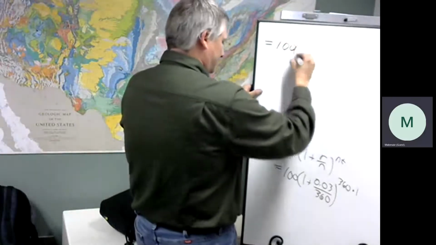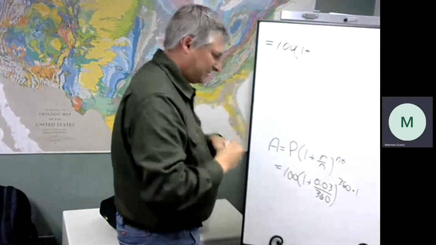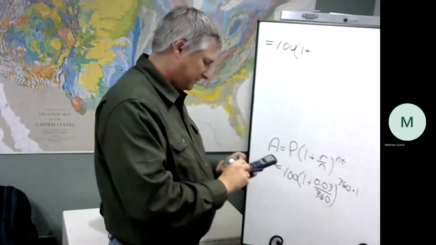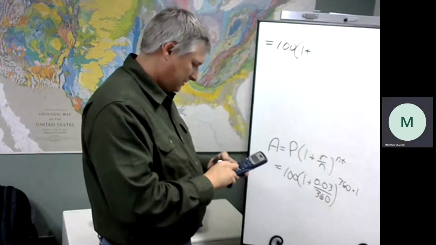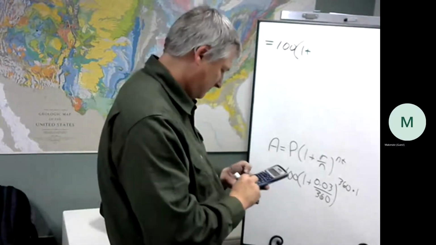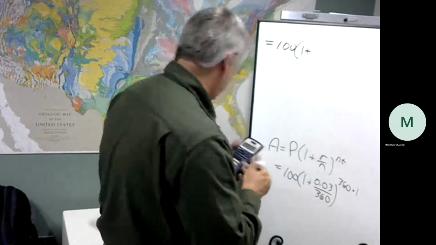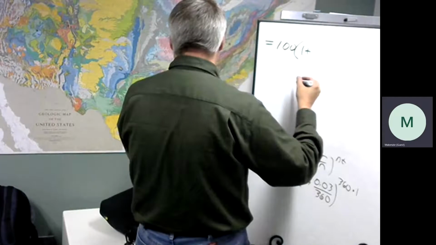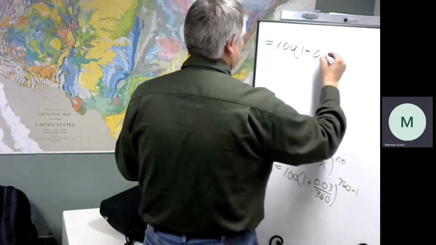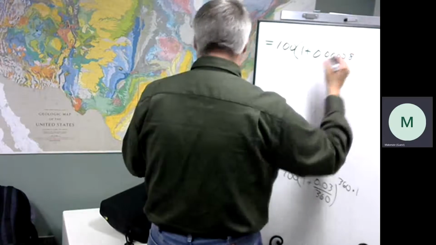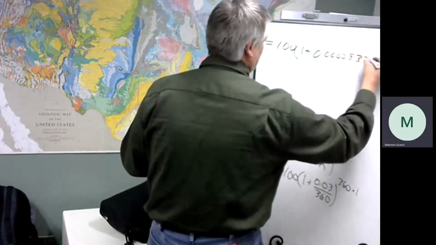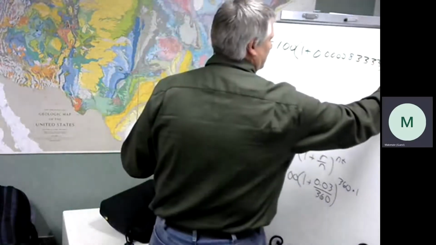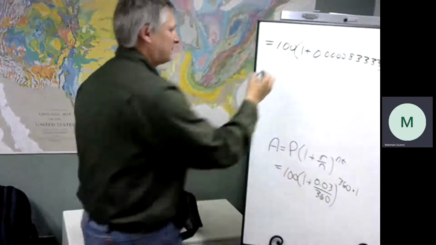So this is 100, 1 plus 0.03 divided by 360. Put this here. And this will be 360 times 1, which is 360.